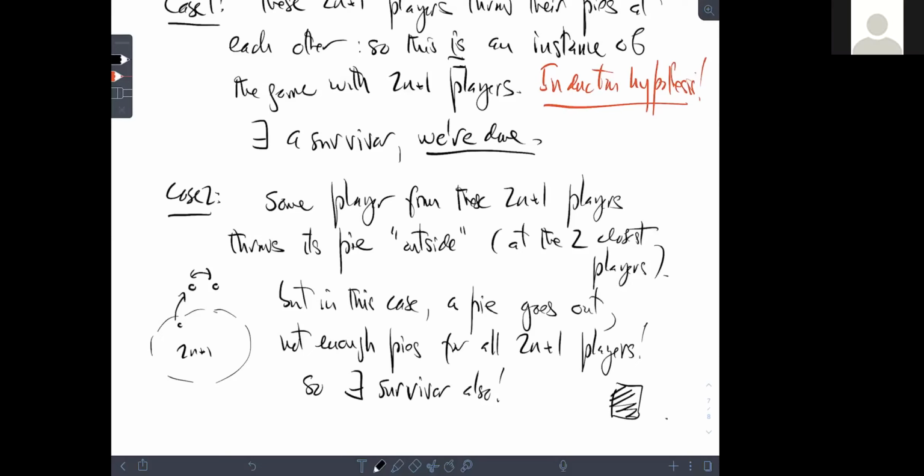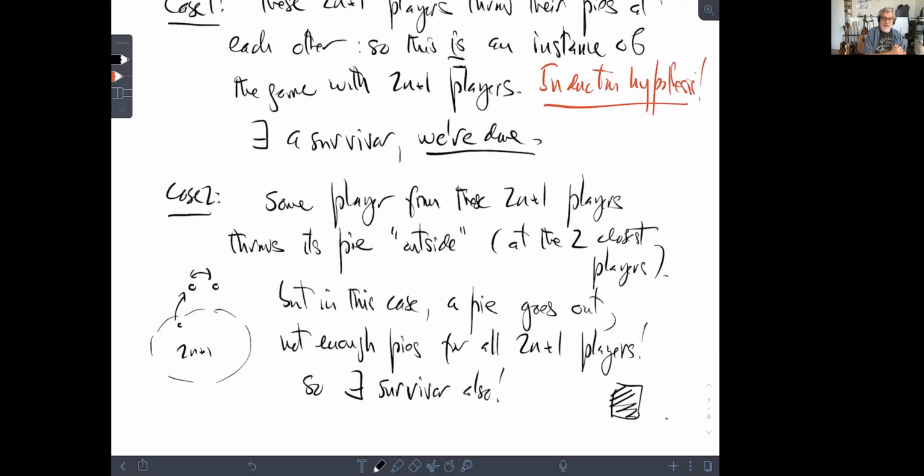The more general thing that I wanted to say here is that it's really tempting, when you see those 2n+1 players, to just jump on the induction hypothesis and say, I'm done. You always have to check that all the conditions are satisfied.